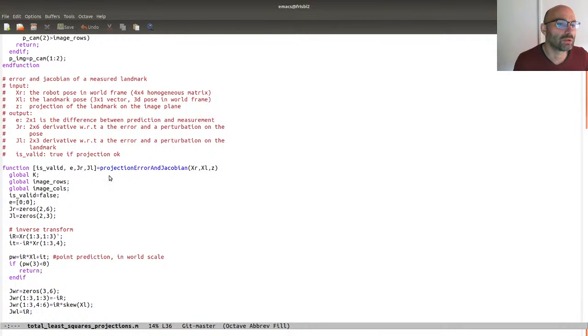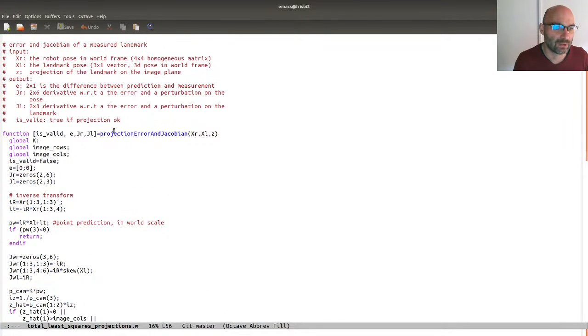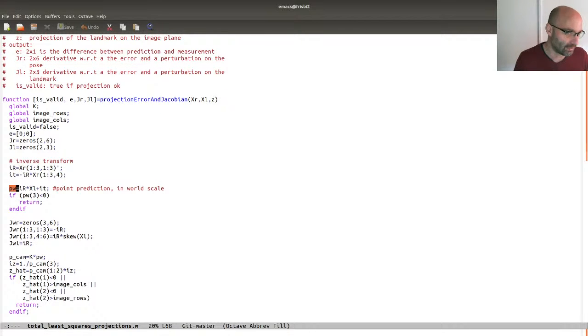To do so, we define a function which we call projection error and Jacobian that calculates the point in the reference frame of the camera by simply calculating the inverse of the robot position, R and t, same as what we have done for the robot landmark case. If the point is behind the camera, we say no, is_valid is equal to false, so we know that it's false.